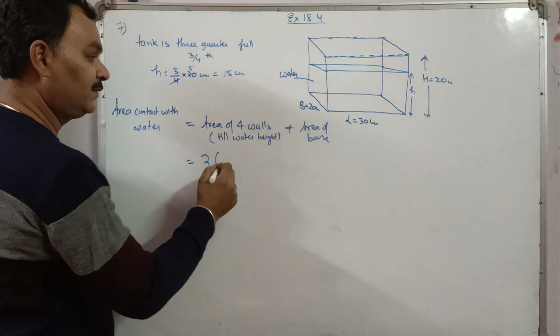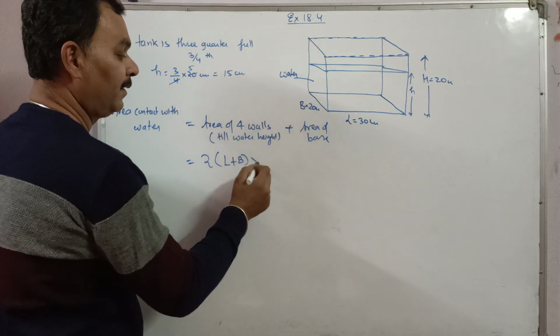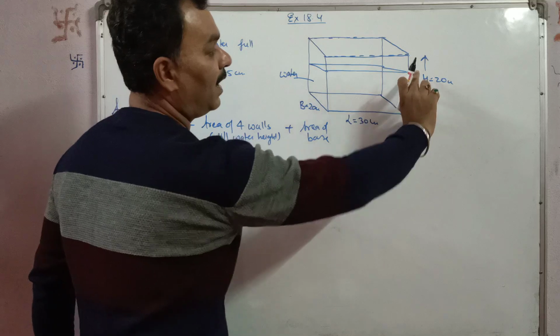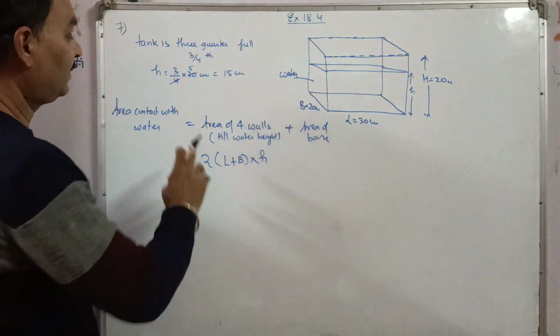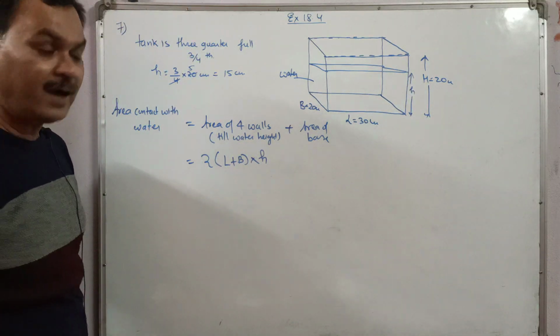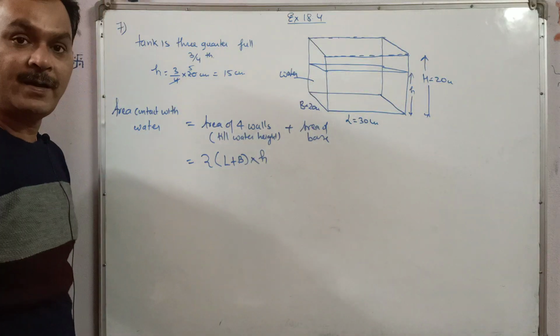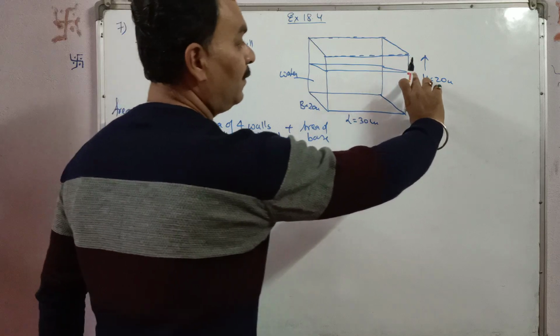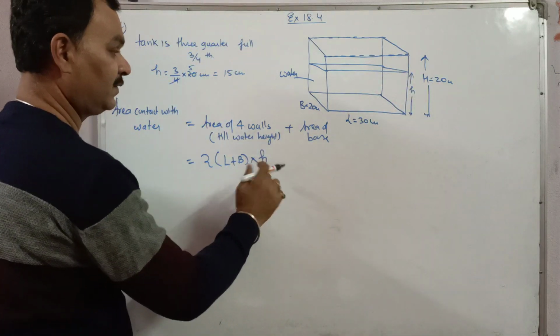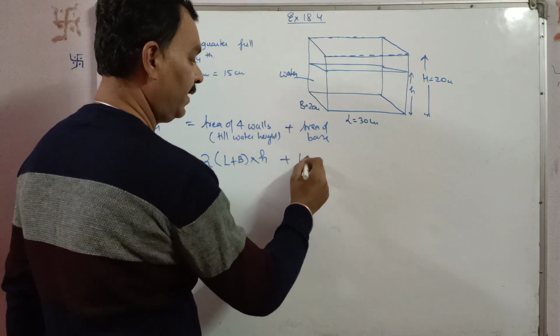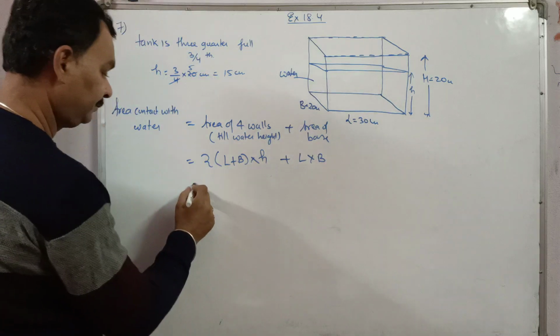Area of four walls is 2 times length plus breadth, and we'll take small h as the height because they are asking the area which is in contact with water. This capital H is the whole height of the aquarium, but water is only 3/4 of it. So this is h. Now area of the base will be taken full length into breadth.